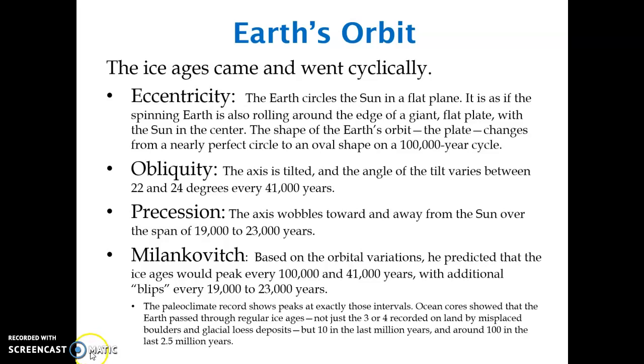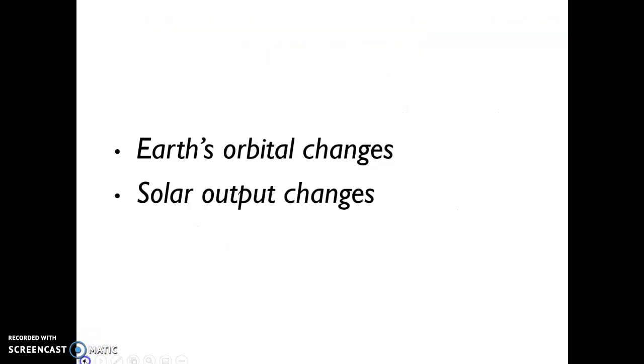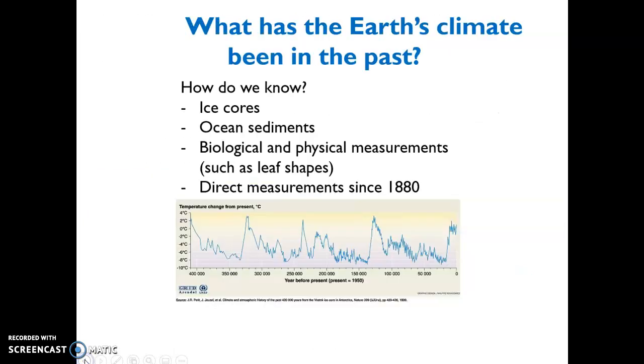I'd like to go back for 1 second, because what I did not include here is that any one of these methods of determining Earth's past climate in and of themselves would not hold much value.